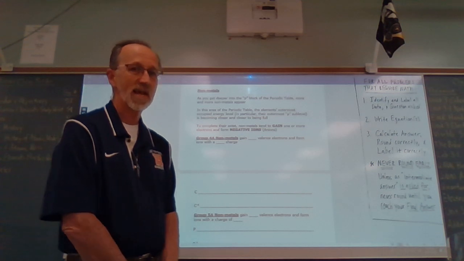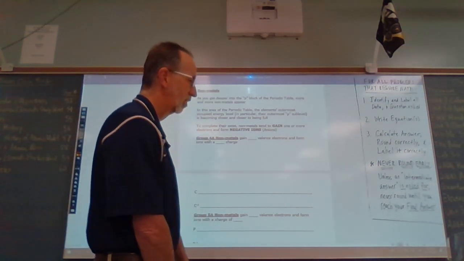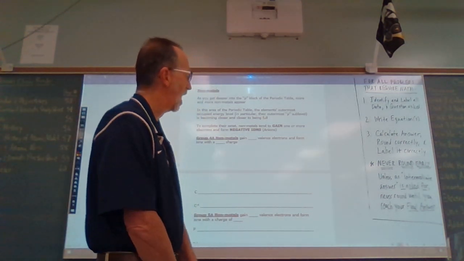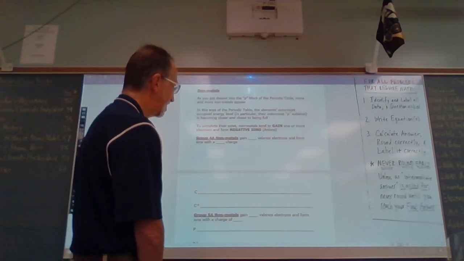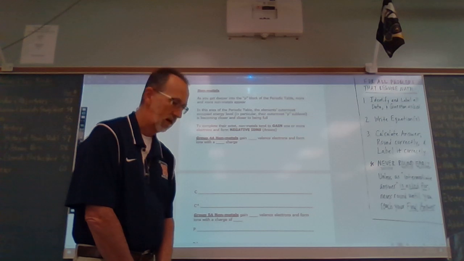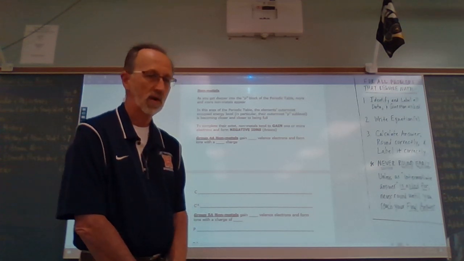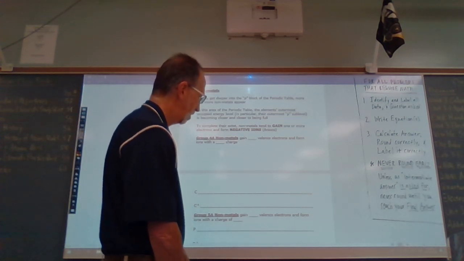Remember, noble gases have the ideal electron configuration, which is why they're so unreactive. So to complete their octet, nonmetals tend to gain 1 or more electrons and form negative ions. We call those anions.